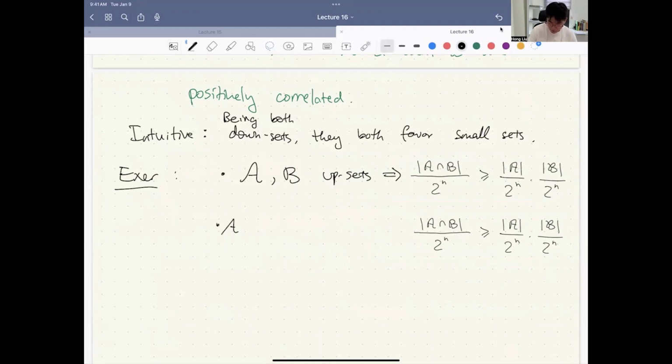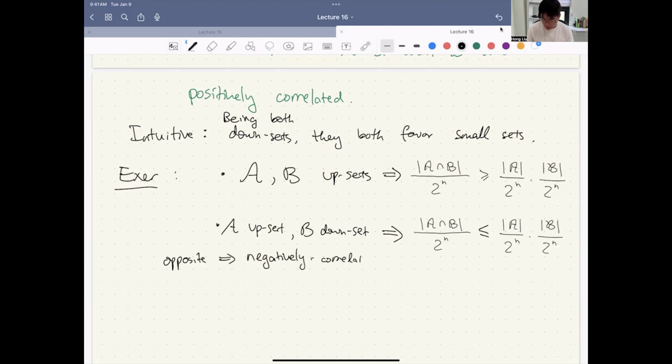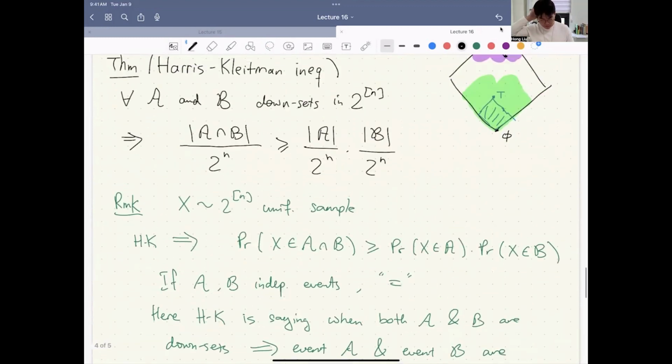And if A is an upset and B is a downset, then they are negatively correlated. Opposite means negatively correlated. Any question about the statement?